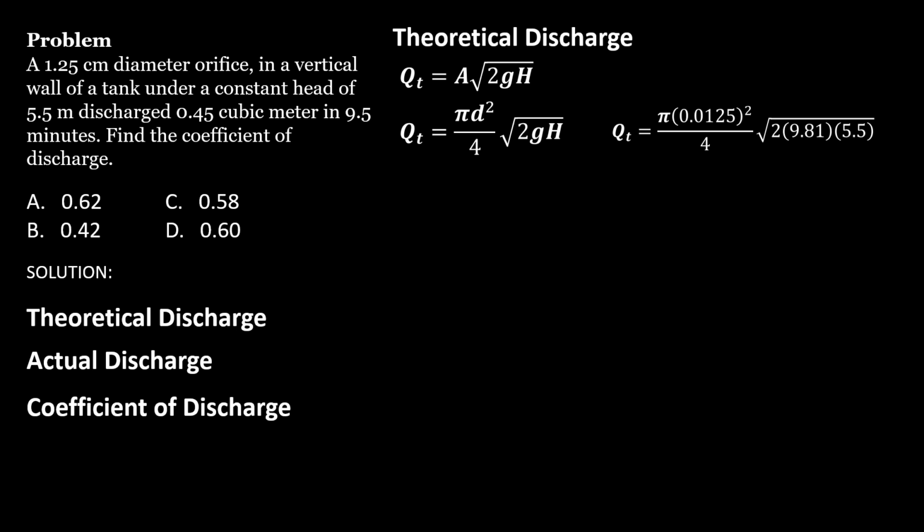Coming up next, we have the direct substitution to the formula. The value for g is 9.81 meter per second squared, while H's value as the constant head is equal to 5.5 meters, and the diameter of the orifice is 1.25 centimeter, to be converted into meters, 1.25 centimeter is also equal to 0.0125 meter.